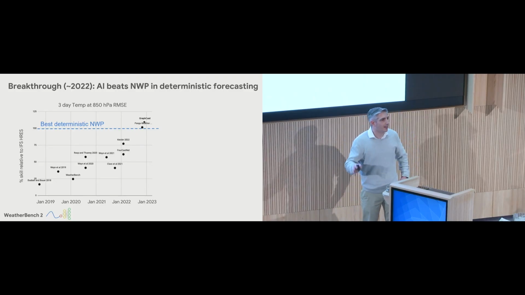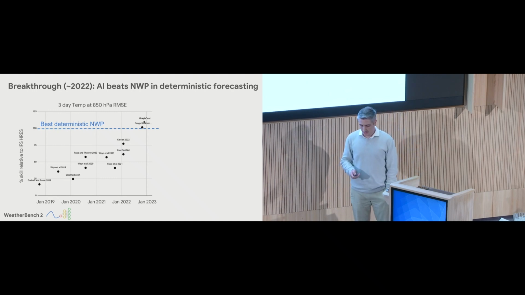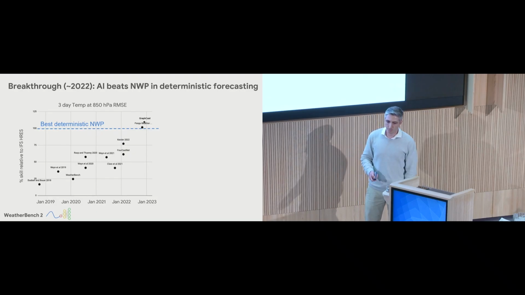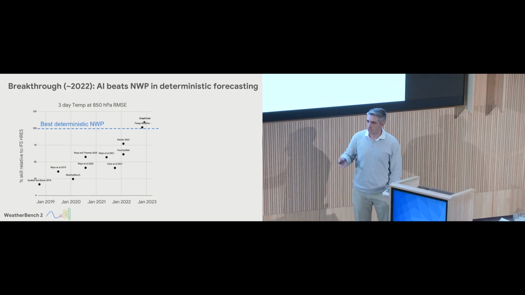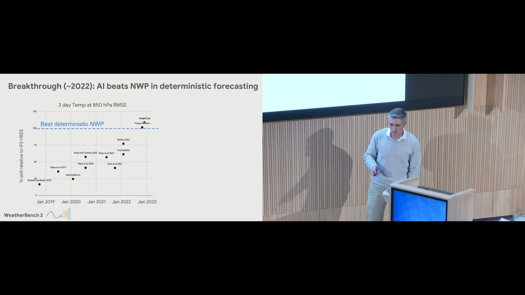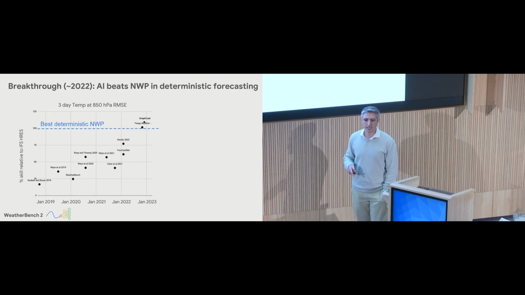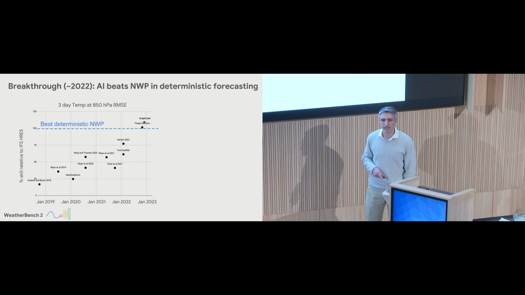As AI was experiencing its deep learning boom in the late 2010s, people started trying to apply deep learning to the task of weather prediction. What we're looking at here is a plot put together by Stefan, a colleague of mine who's done a lot of work in benchmarking AI weather models. It shows the global average root mean squared error of 3-day temperature predictions at a particular level in the atmosphere.